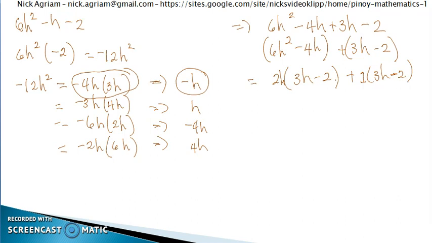That is the identity, that is 1. So I put 1 here now. Now we have the common factor once again, 3h minus 2. We group them, and then what is left in the first term is 2h. On the second term is 1, that's plus 1. If you multiply them, I hope you will get this product.